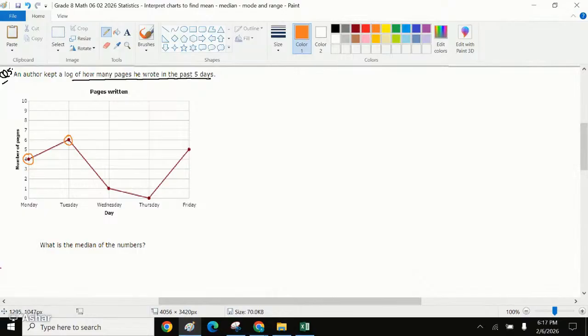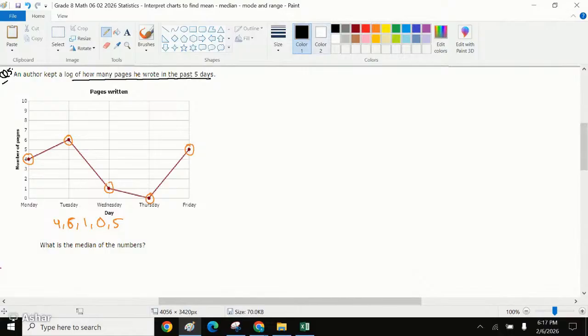Tuesday, 6. Wednesday, 1 page. Thursday, he did not write. And can we write the numbers? 4, 6, 1, 0, and this would be 5, right? These are the 5 days.